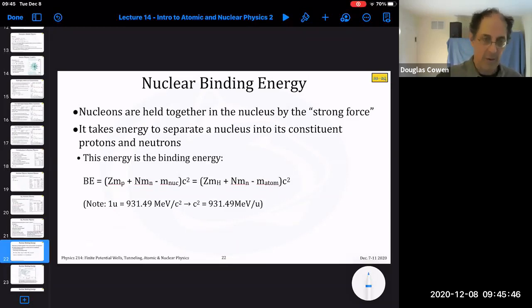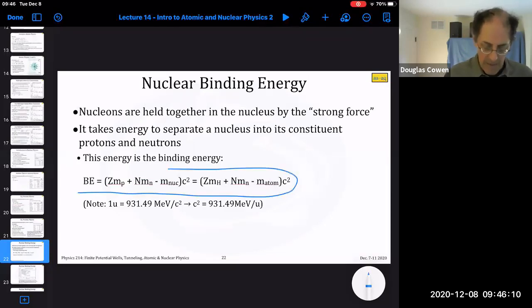And it takes energy to separate a nucleus into its constituent protons and neutrons, just like it takes energy to remove electrons from a neutral atom, to ionize a neutral atom. The energy that it takes to pull apart all of the nucleons in a nucleus is called the binding energy, and it can be written either as the sum of the masses of all the protons plus all the neutrons minus the mass of the nucleus, or if you want to include the electrons, you get the same result.